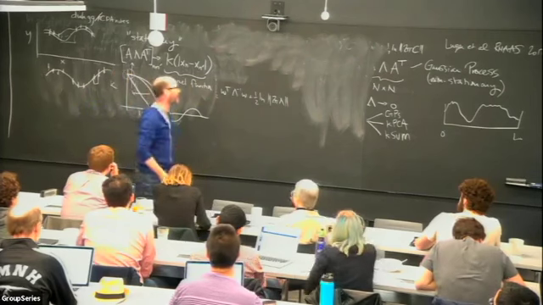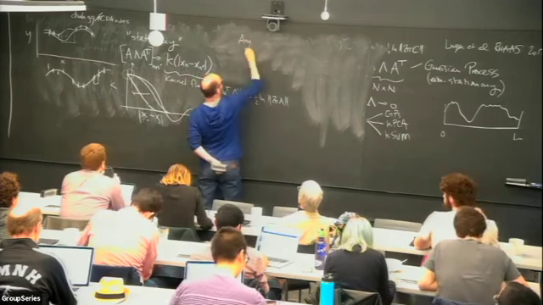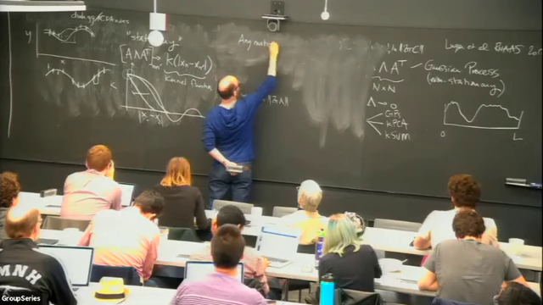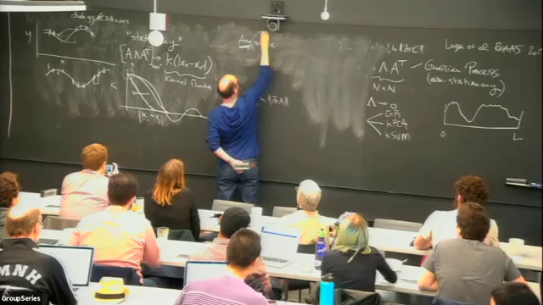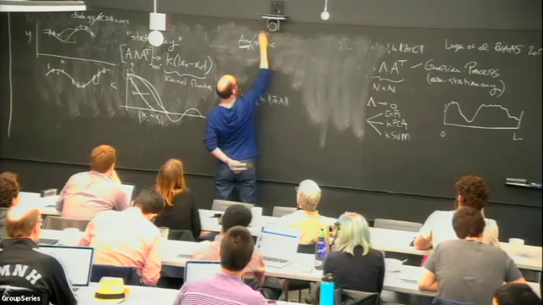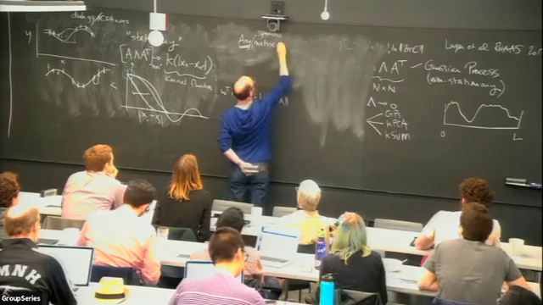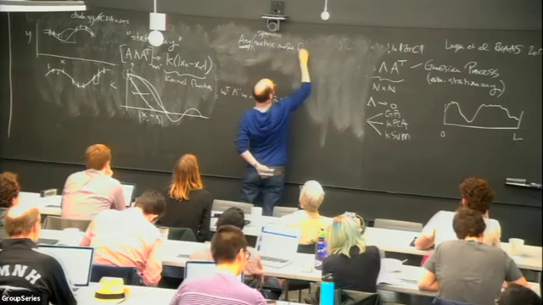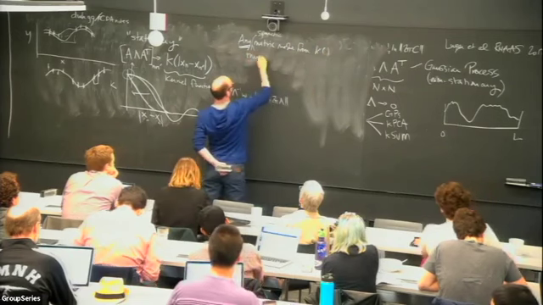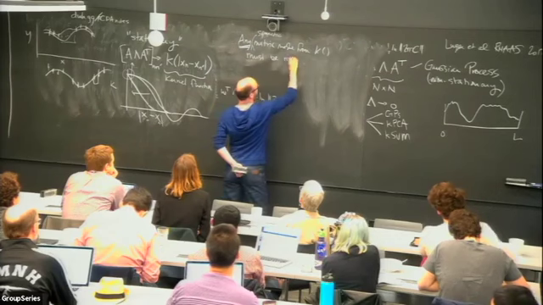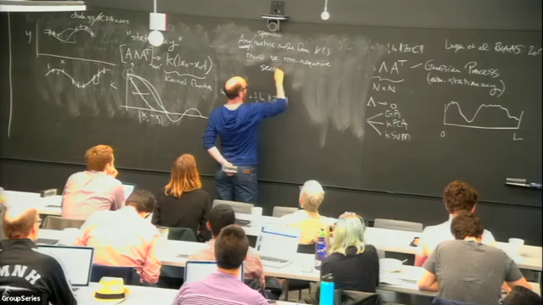So the condition is that no matter what, any square, and I should even say symmetric, any symmetric matrix made from K must be non-negative semi-definite.